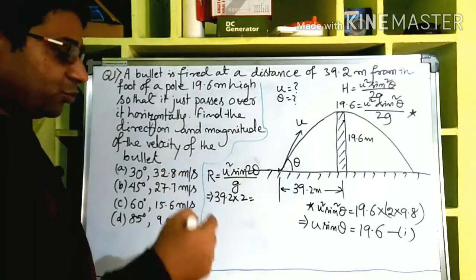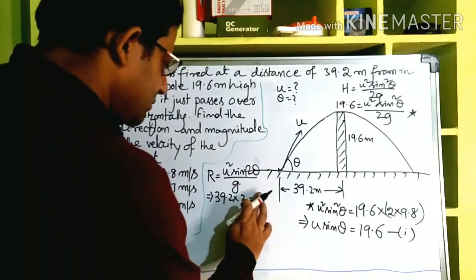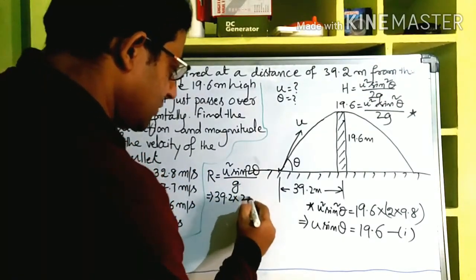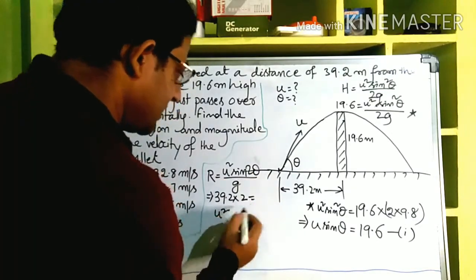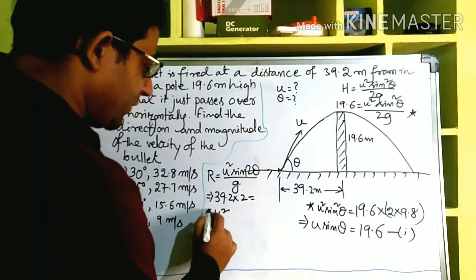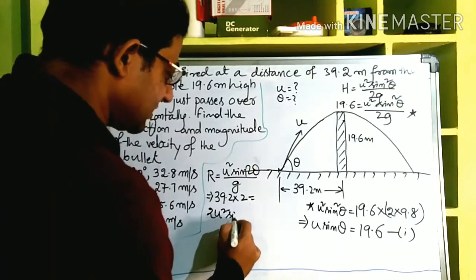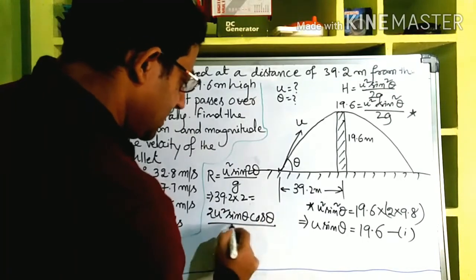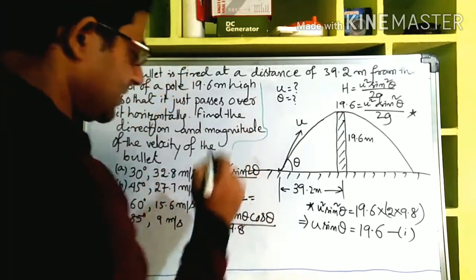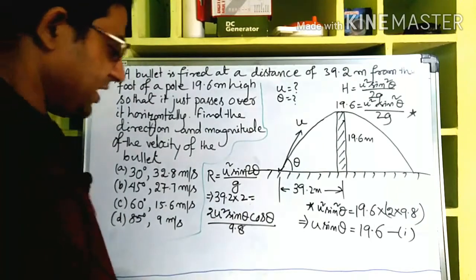Sine 2 theta is equal to 2 sine theta cos theta, right? So it is u square twice sine theta cos theta upon 9.8, g I took as 9.8.